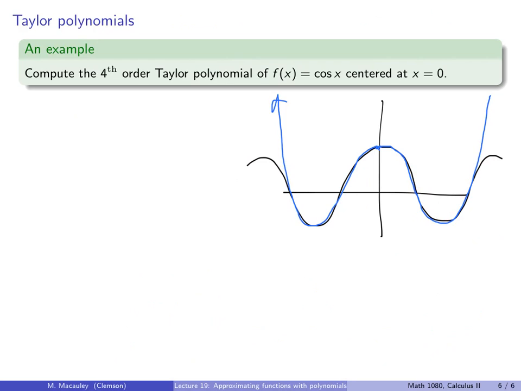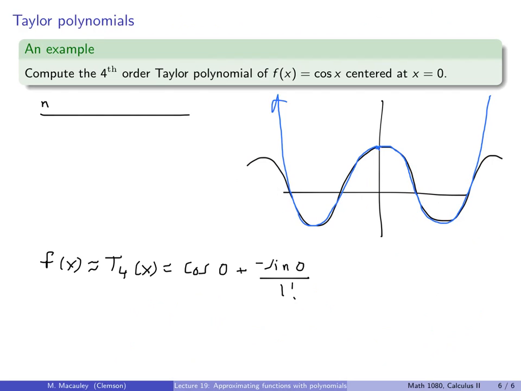Let's do this one using our formula from before. I'll do it down here. f of x is approximately equal to T4 of x, the degree 4 polynomial. Before I do this, let me do a table.